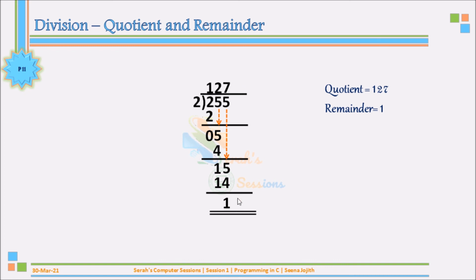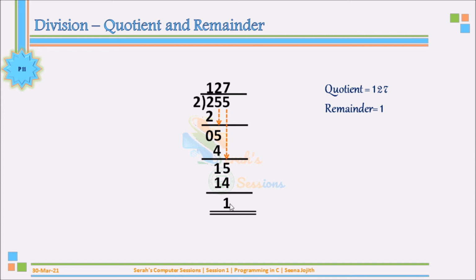Now when we do it mathematically, upon getting this 1 here in the remainder, we put an extra 0, and we check for divisibility, and if it is divisible we put a decimal point in the quotient part, and continue calculating the quotient until we get a remainder 0. That is what we do mathematically. But when we do programming, the compiler stops at whatever is coming as a remainder for the first time.